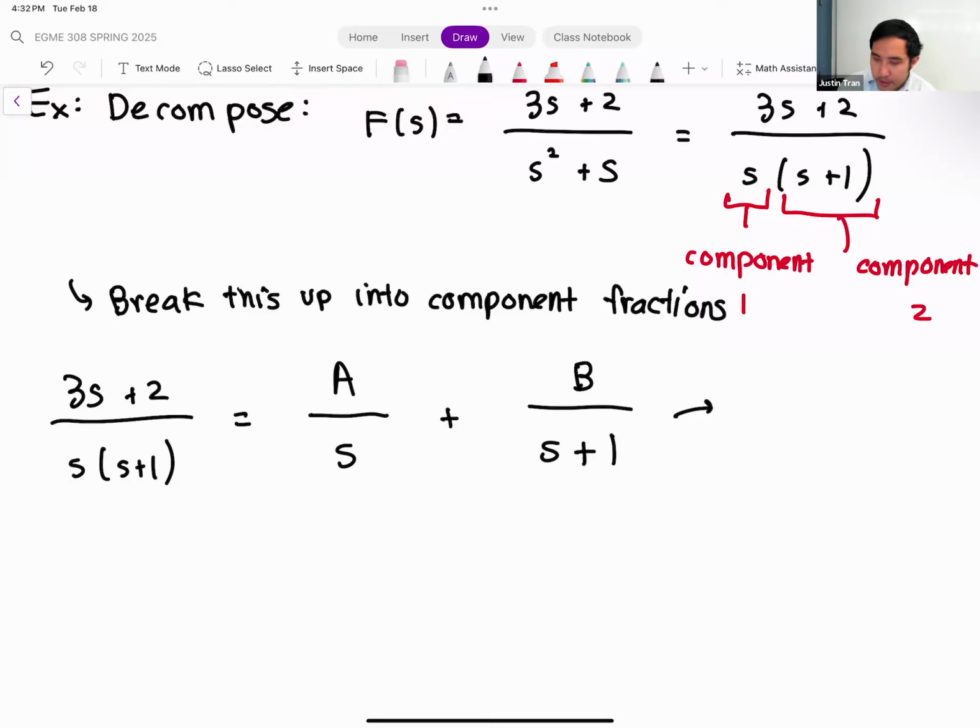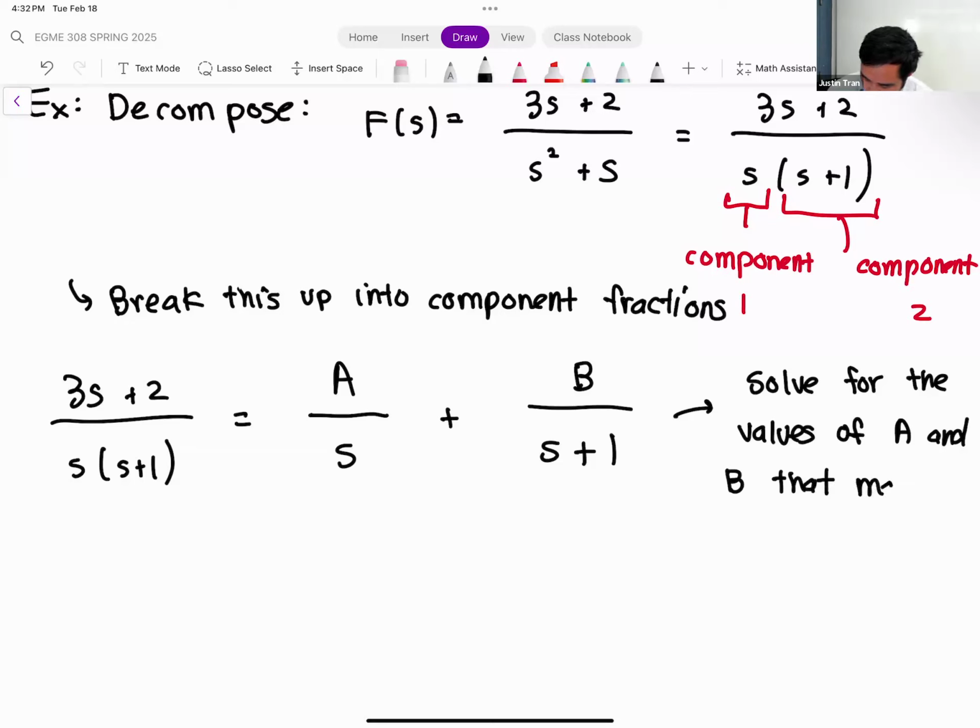And so the goal for partial fraction decompositions is to solve for the values for a and b that make this equation true. Okay. Because basically we want to come up with an expression that's equivalent to 3s plus 2 over s times s plus 1, but we want to separate them into their different parts.